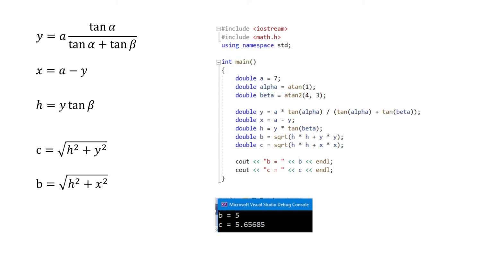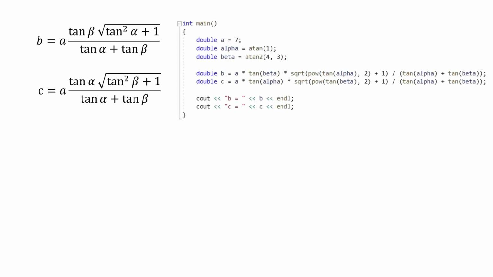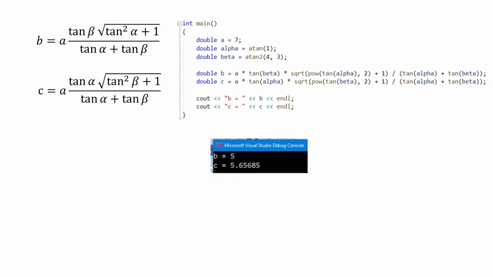And just in case, if you'd really love to have a single formula for b and a single formula for c, it's not overly complicated. Here they are, complete with the C++ code, but what looks better mathematically in coding is not necessarily better.